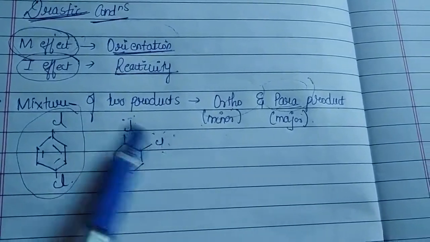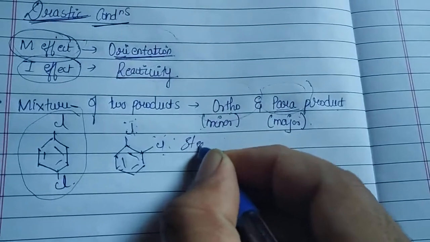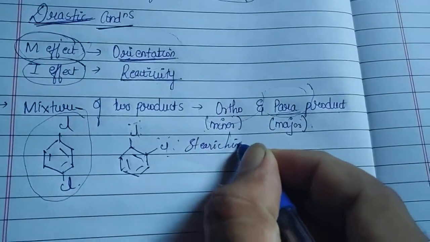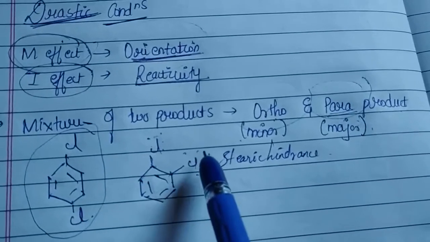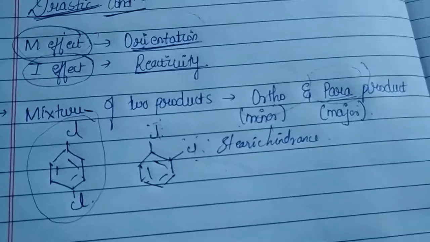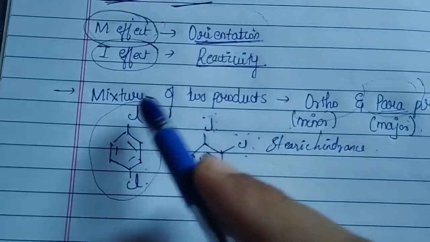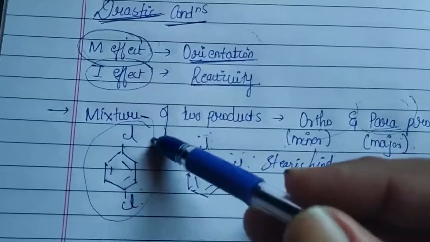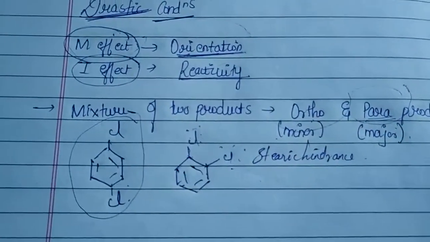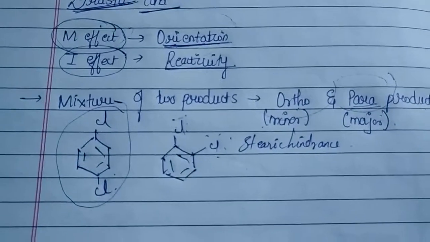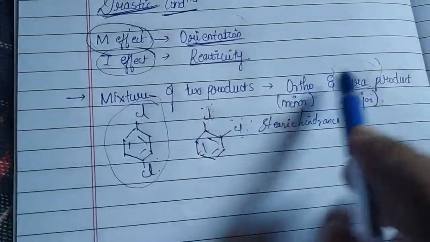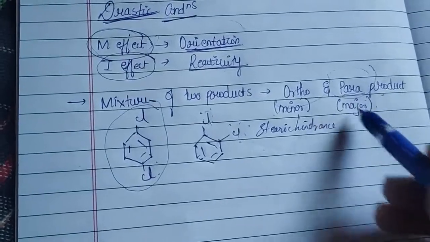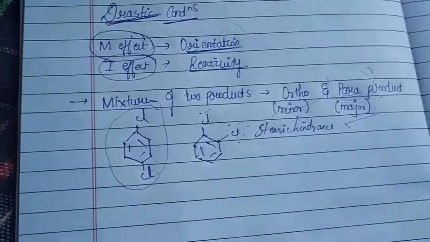There will be steric hindrance, whenever two bulkier groups are present. When there is such steric hindrance, the energy increases and the product becomes less stable. In the para product, the bulkier groups are far away from each other. So the mutual repulsion is less, the energy is lower, and the stability is higher. Therefore, whenever we have the ortho and the para product, para will be the major, whereas ortho will be the minor.